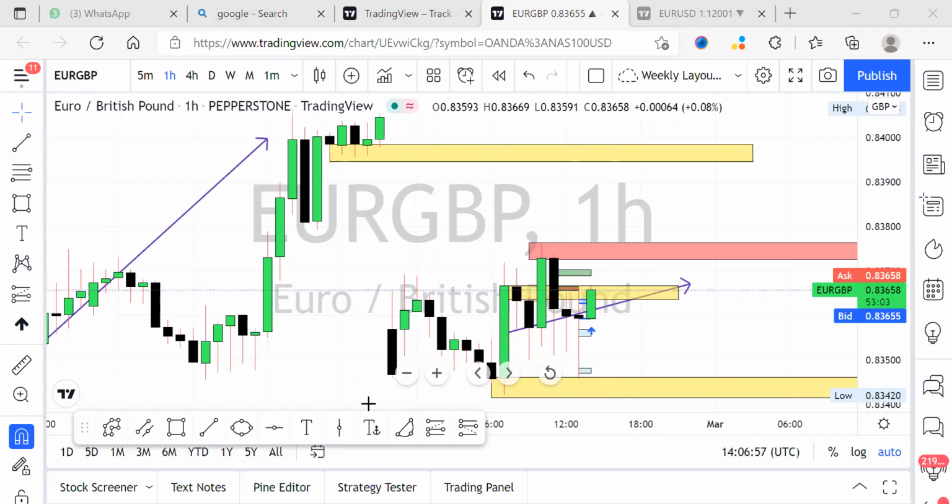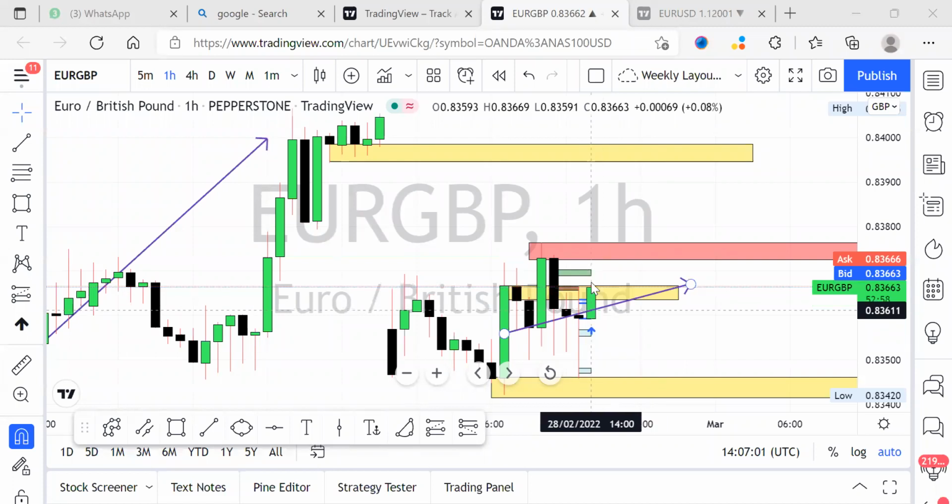That's fine. As long as it doesn't penetrate that zone, also look carefully, price is going from the bottom to the top because all the rejection is from the downside.